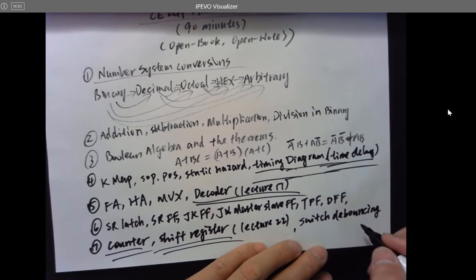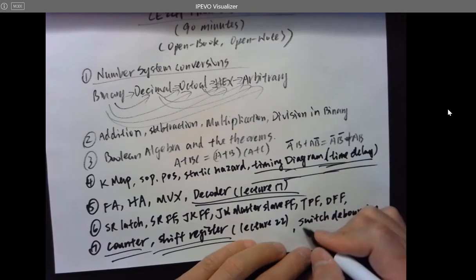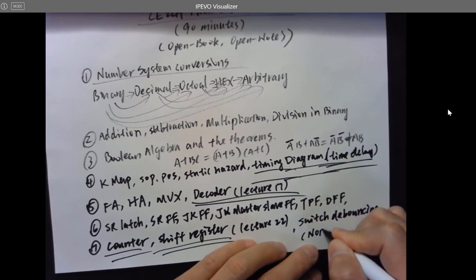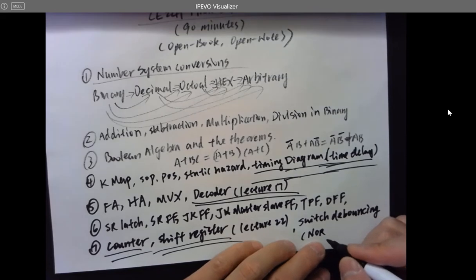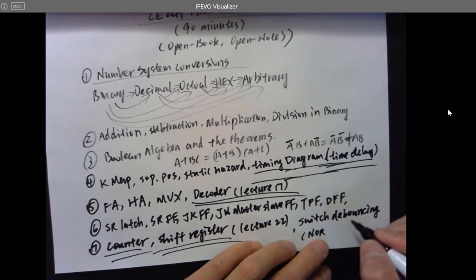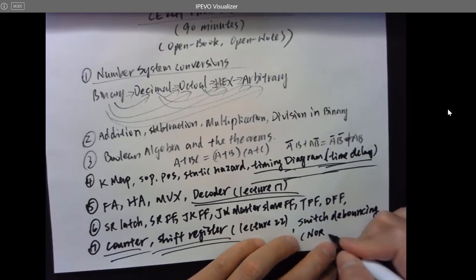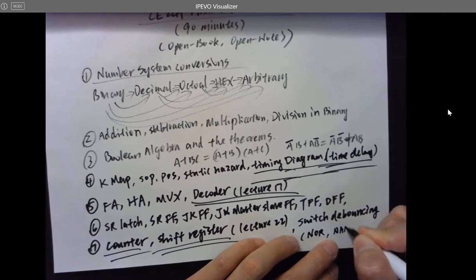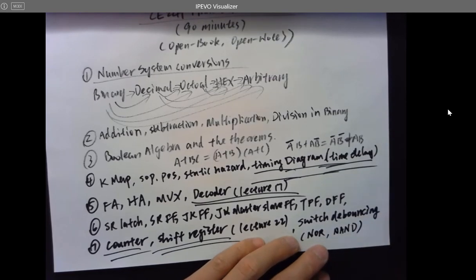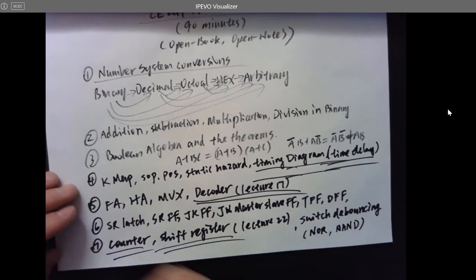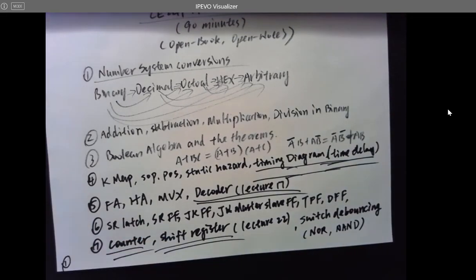For switch debouncing, if I ask you to use NOR gates to build a switch debouncing circuit, can you do that? Or use NAND gates to build it? Either way, they should behave pretty similarly. You need to know how to do it. Make sure you do it, so there's no surprise.